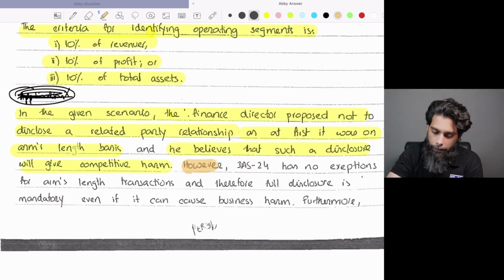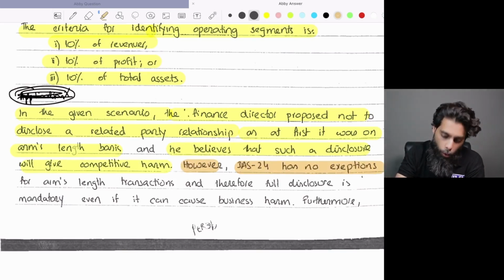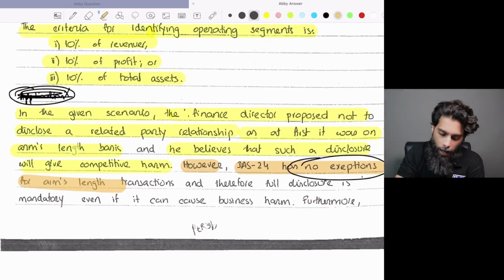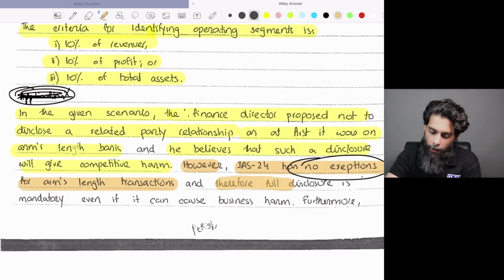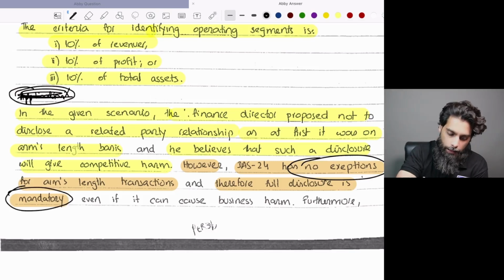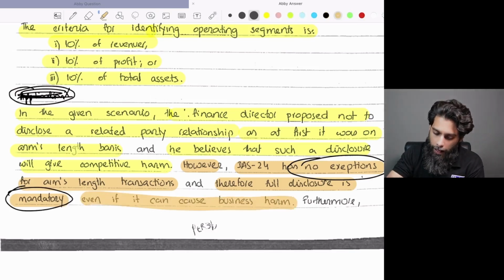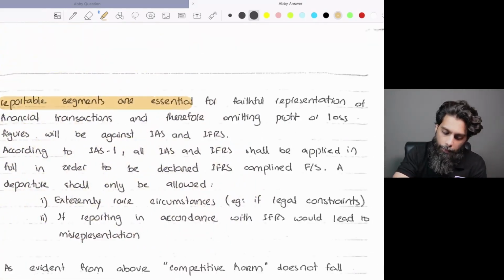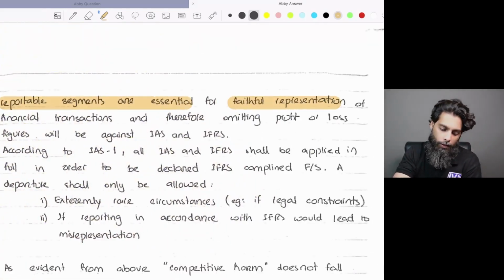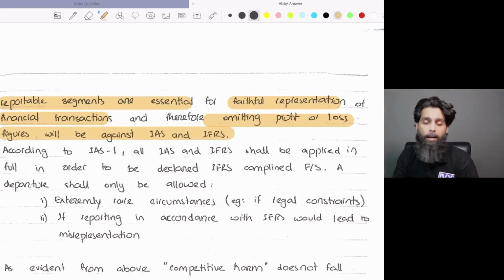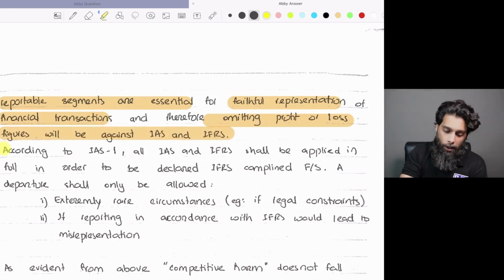However, you need to understand, IAS 24 has no exceptions for arm's length transactions, and therefore full disclosure is mandatory, even if it can cause business harm. Furthermore, reportable segments are essential for faithful representation of financial transactions, and therefore omitting profit or loss figures will be against IAS and IFRS.